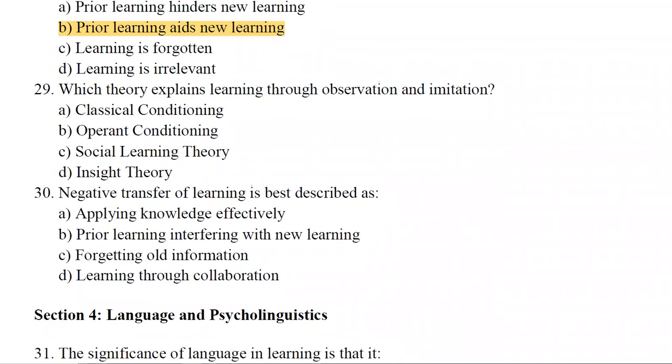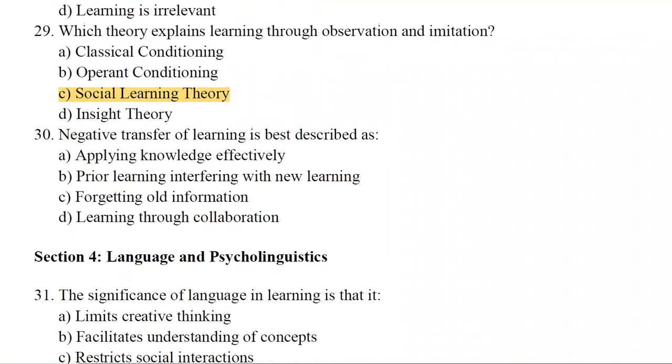Which theory explains learning through observation and imitation? Social learning theory. Negative transfer of learning is best described as prior learning interfering with new learning.